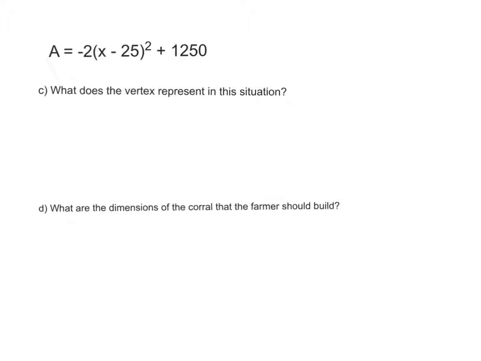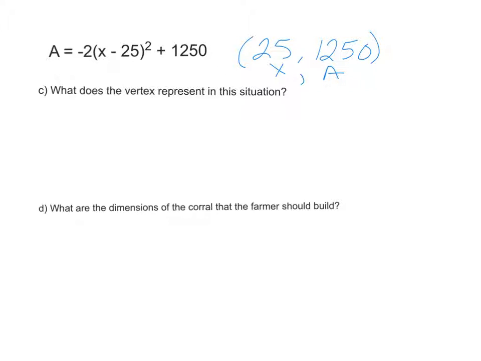First of all, what is the vertex? What are the coordinates of it? 25 and 1,250. So what does the vertex represent in this situation? Remember, it was x and a that we had.